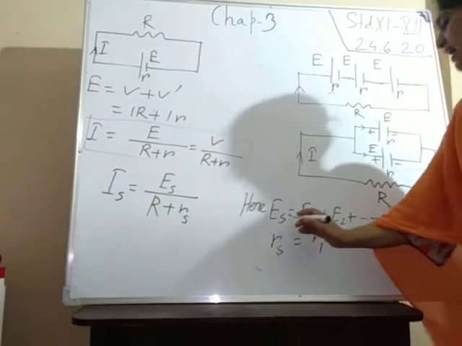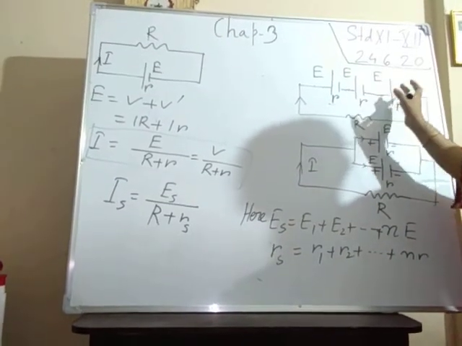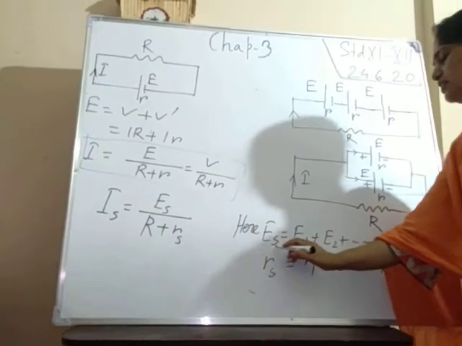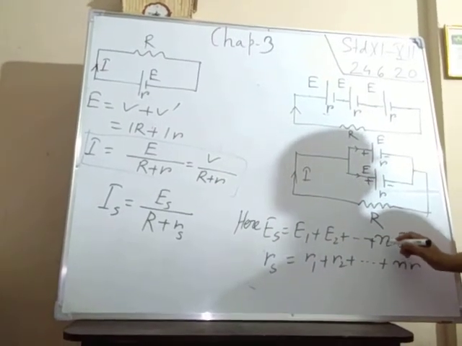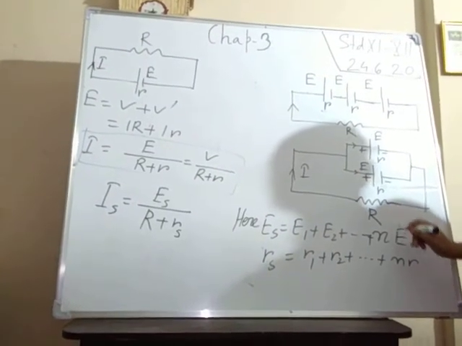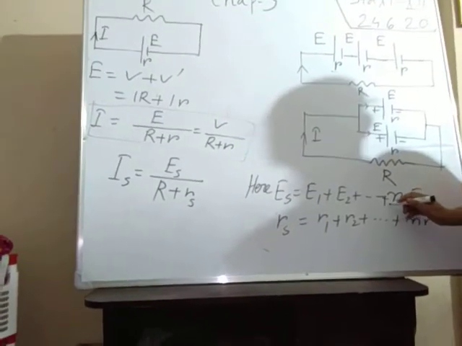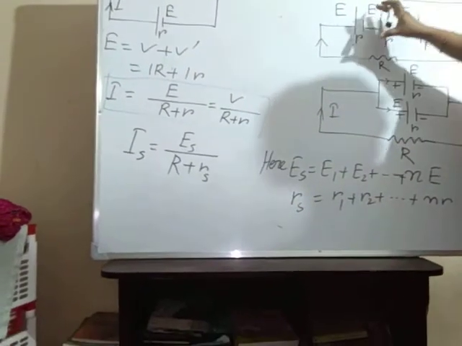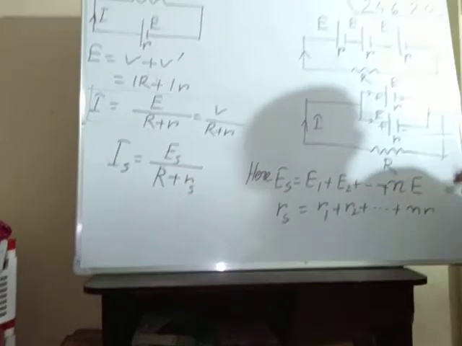Look here, ES. When the cells are connected in series combination, then ES equals E1 plus E2 plus dot dot dot, because all the cells have the same strength, that is E. So we can write NE if there are n number of electromotive forces.